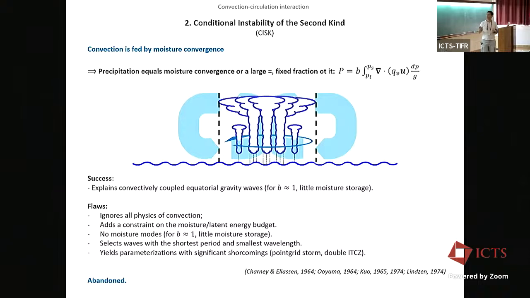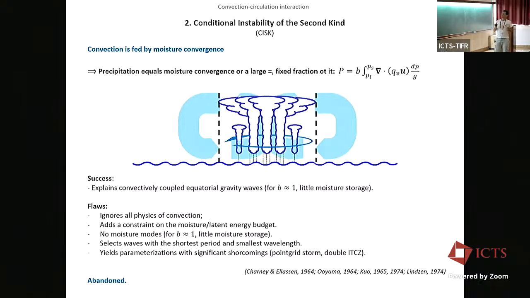And what happens if you just decide that all of the convergence of humidity is consumed by precipitation, that means there is little storage of humidity in the column, right? Well, you have the surface fluxes, but it limits how much humidity you can store. And so you will be able to essentially have modes with little storage of humidity that are represented. And so this is the limit case that we were talking about yesterday.